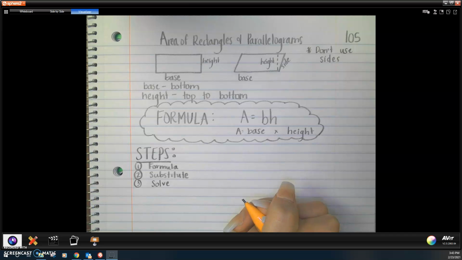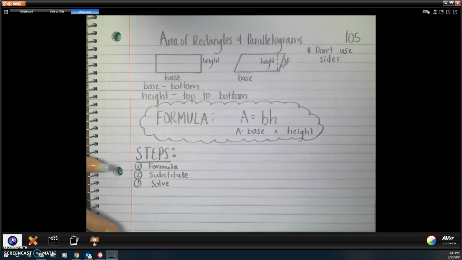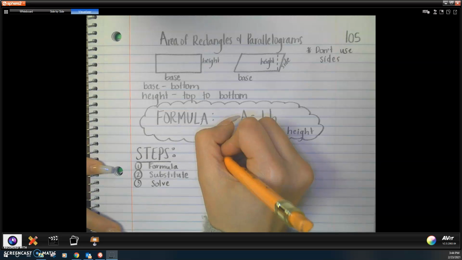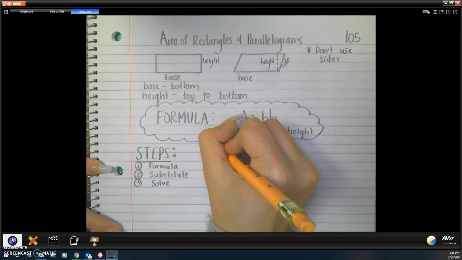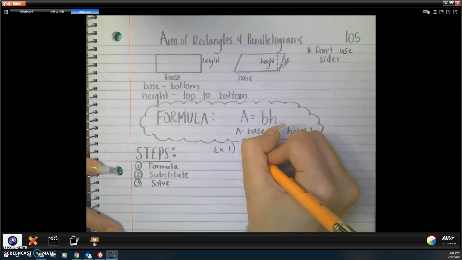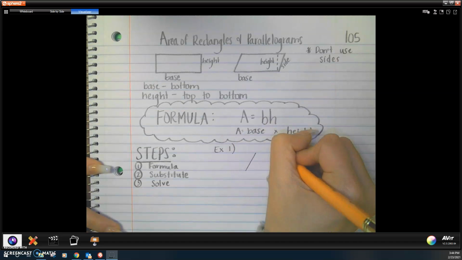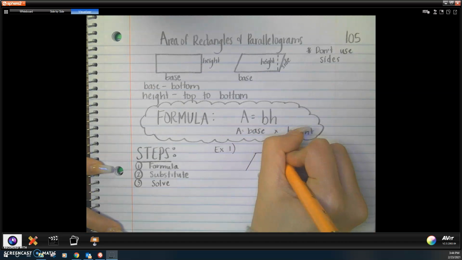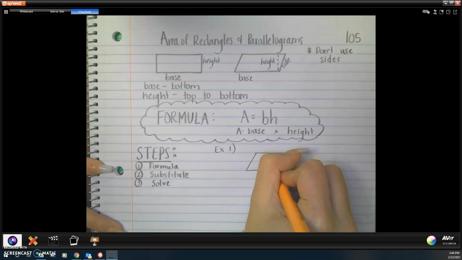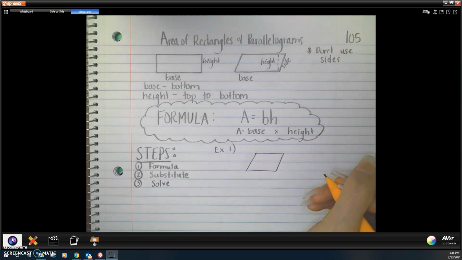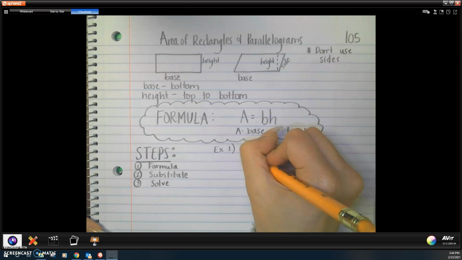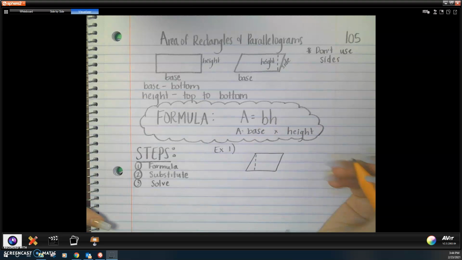So we're going to look at 2 examples. Example 1. I'm going to draw a parallelogram. So you're going to pretend this is what you're given. This is a problem in your assignment.